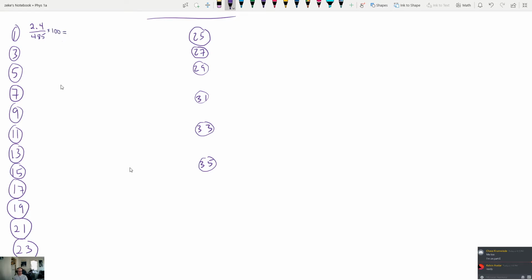And the answer you get when you do this, well, what did you all get? What did you get for number 1? 0.49, okay? But there's a rule that they give you about doing percent error. What is the rule about percent error?